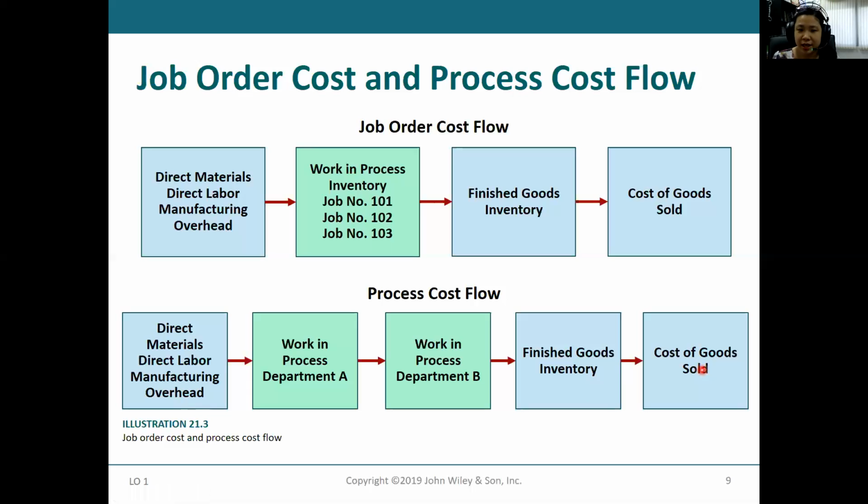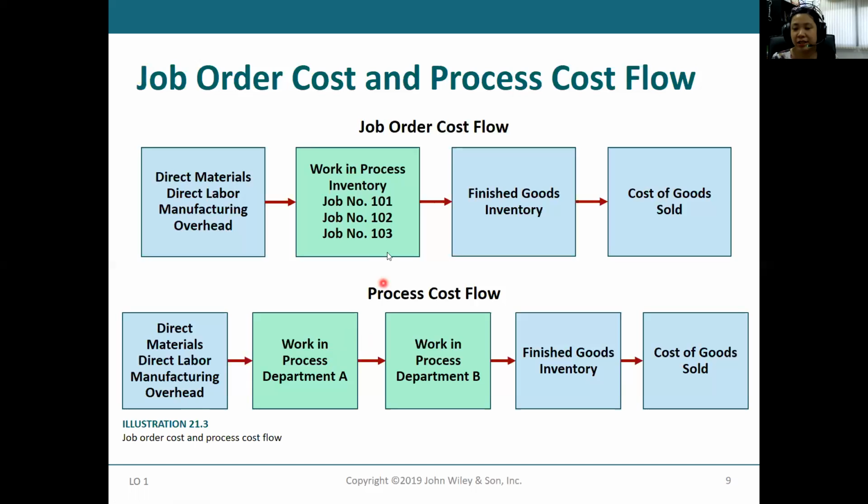So what is the difference between job order costing and process costing? The difference is that in job order costing, we have only one work in process account and we have many different jobs. But for process costing, we have many work in process accounts for different departments.